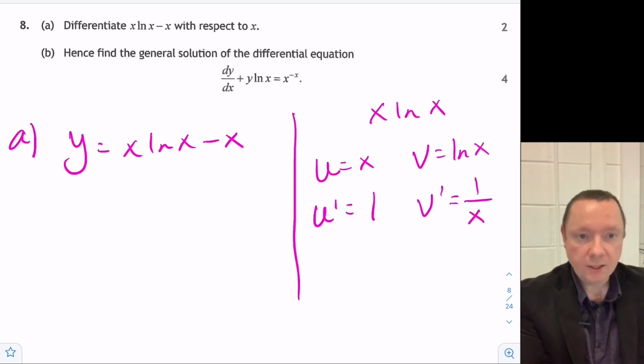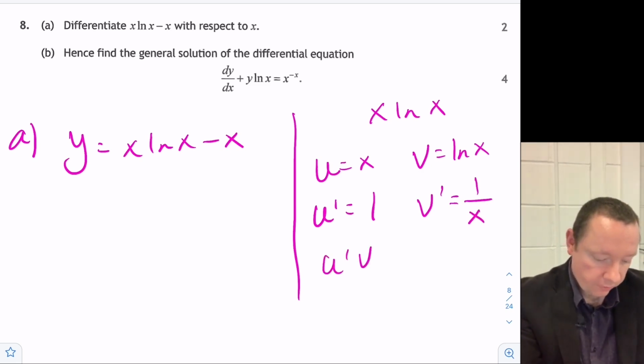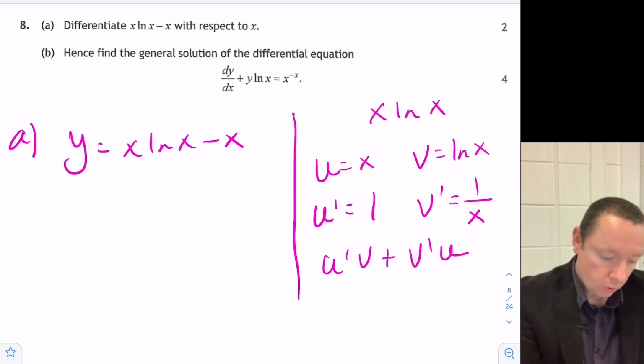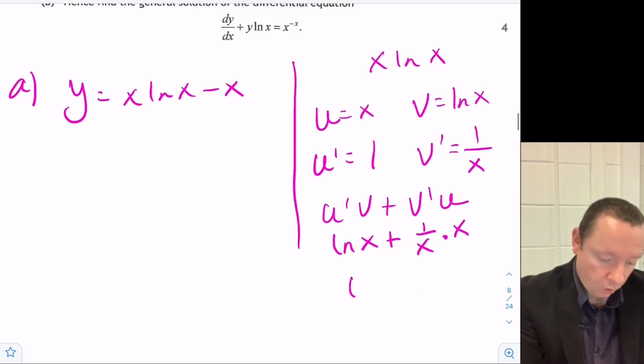And just a reminder, we've got u dash v plus v dash u. So that's 1 times log x plus 1 over x times x, or log x plus 1.